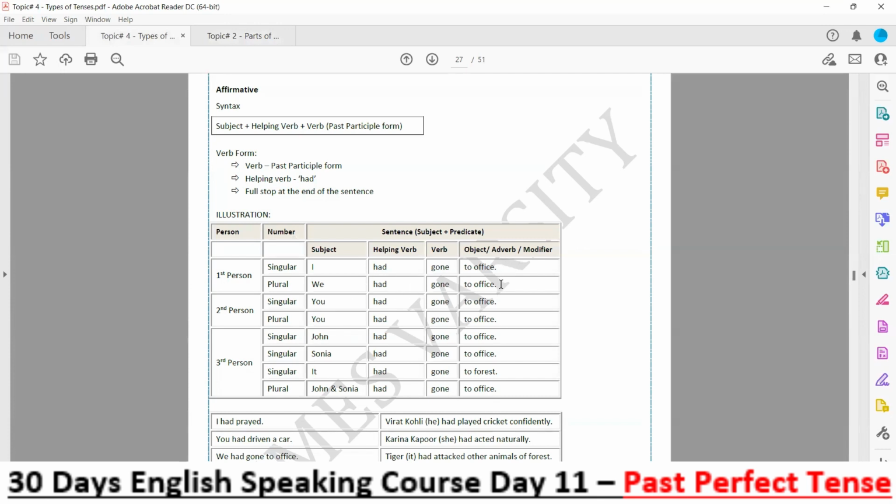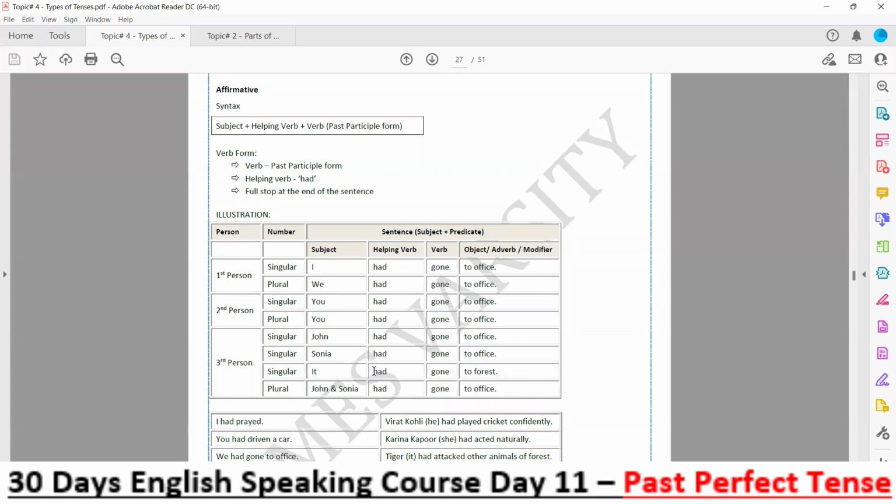We had gone to office. Second person singular, you had gone to office. And second person plural, you had gone to office. And if we talk about third person singular, John had gone to office, Sonia had gone to office.